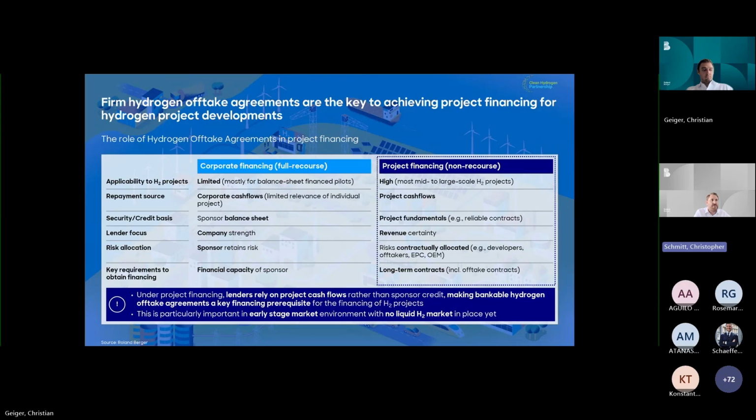made even more prominent due to the fact that, as Marcus has pointed out earlier, we are talking about an early stage market, where projects are captive in nature. So you only build a project if you basically have an off-taker or a set of off-takers lined up, and there's no such configuration where somebody builds a project and then simply sells into a liquid market where they do not know yet who the off-takers will be, because such a liquid market simply does not exist yet.